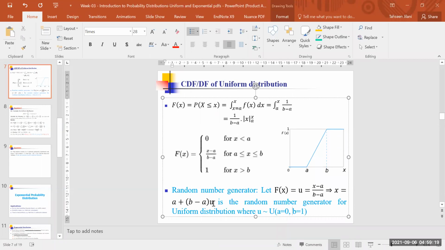We use the standard uniform random numbers, and then we have some other limits. For example, A is equal to 5, B is equal to 10. So we can generate random numbers for any other uniform distribution which does not have limits 0 and 1.